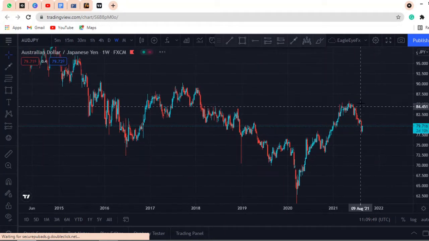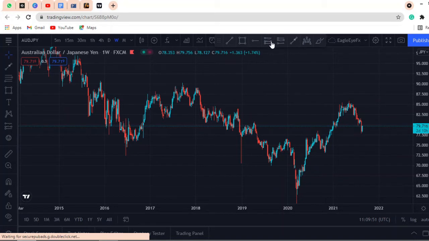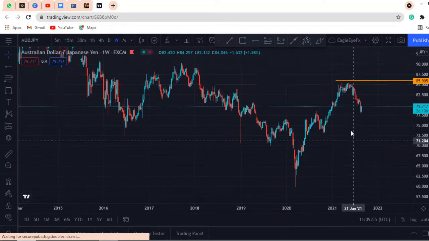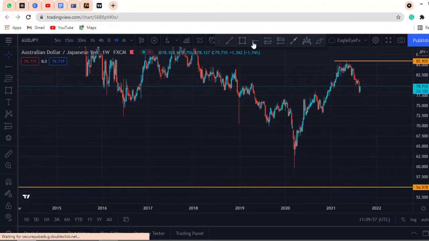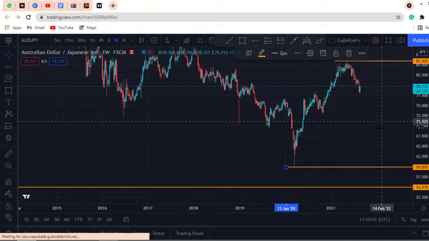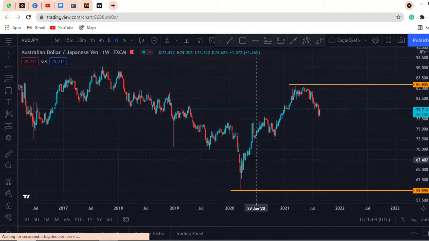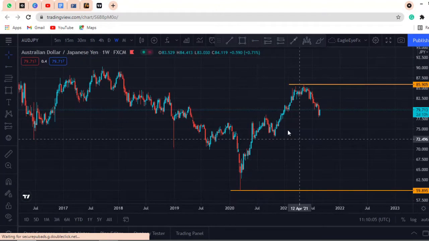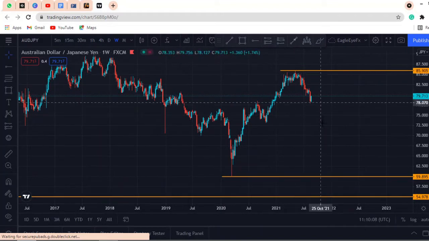From the weekly time frame, you can see that we can also mark this as the highest. Then we can also come here and mark this, because the market came all the way up to that particular point. So you see that it came from here, it pushed all the way to here, and now it's here.